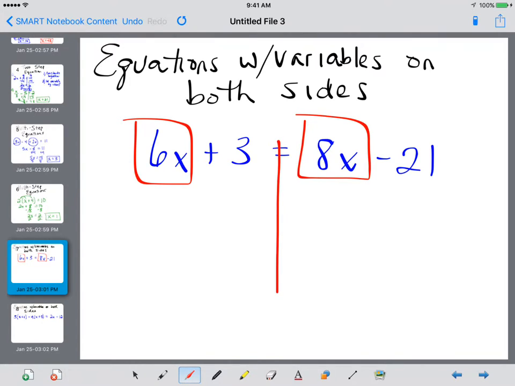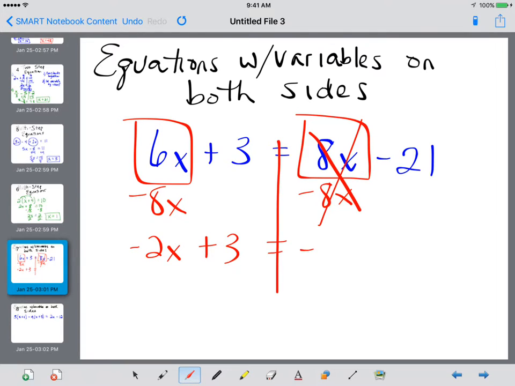So let's suppose I want to get them to the left side. Well, that means this is a positive 8x. So to move it over, I'm going to subtract 8x. So it cancels out on the right side. 6 minus 8 is negative 2x. We drop down plus positive 3. We have our equal sign. And I've got negative 21.